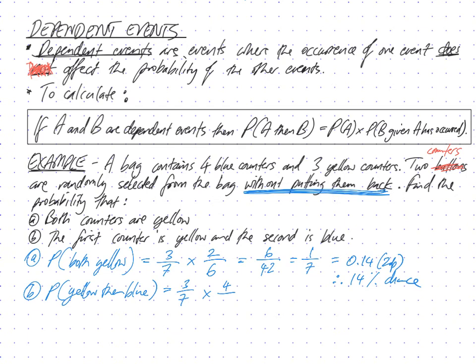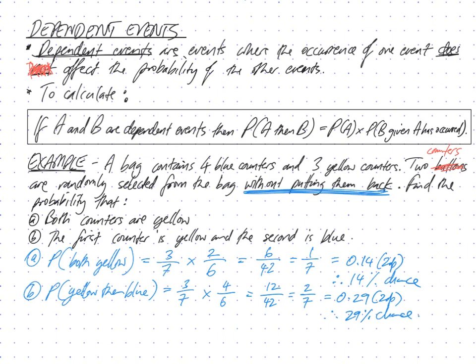I picked out a yellow and I didn't put it back, so there's going to be 6 counters. So 3 times 4 is 12, on 7 times 6 is 42. 12 is divisible by 6, 42 is divisible by 6, so it's a 2 in 7 chance. 2 divided by 7 is 0.29 to 2 decimal places, therefore a 29% chance of that occurring.